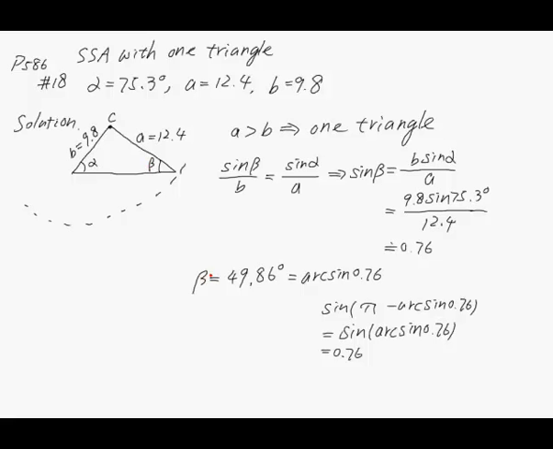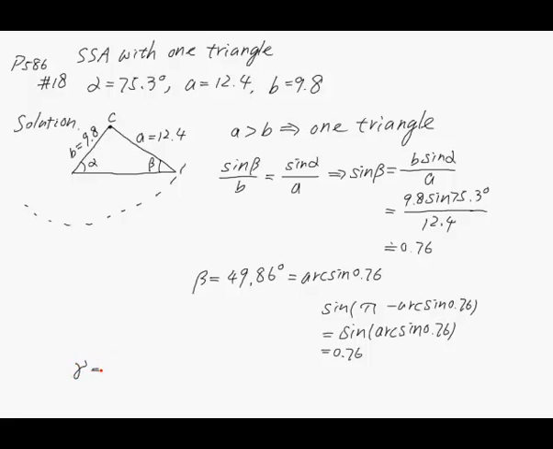So beta cannot be bigger than alpha. Alpha is 75 degrees, so beta cannot be bigger than 90 degrees. So beta cannot be an obtuse angle. This is why we just take an acute angle for beta. Okay? So now we got beta, and then we can find gamma.